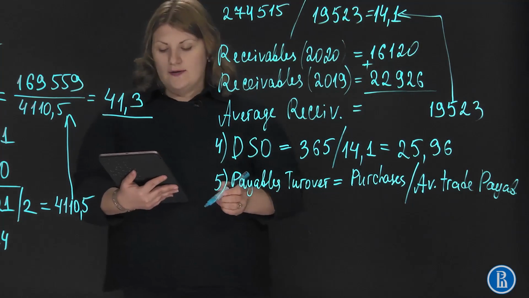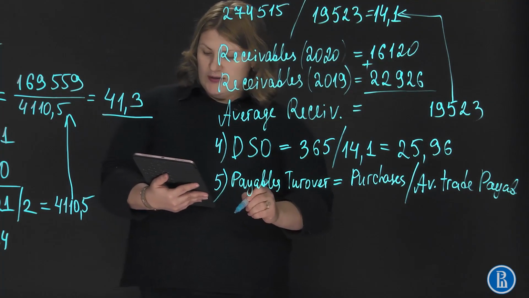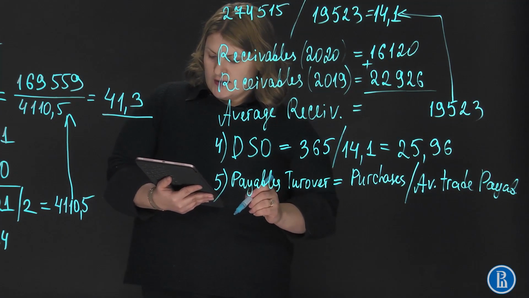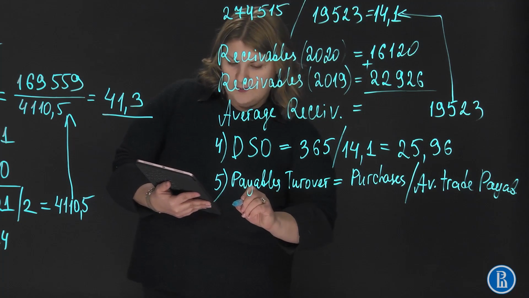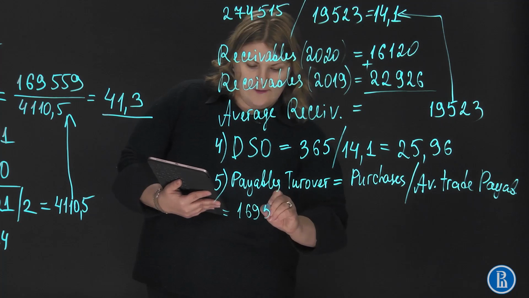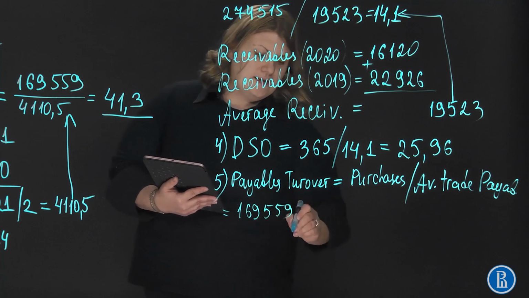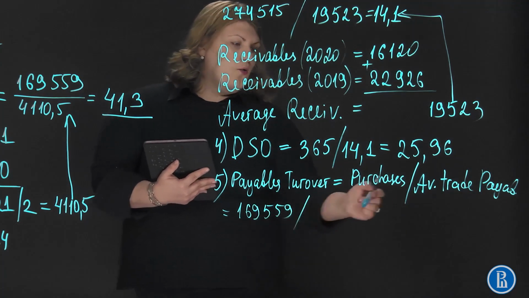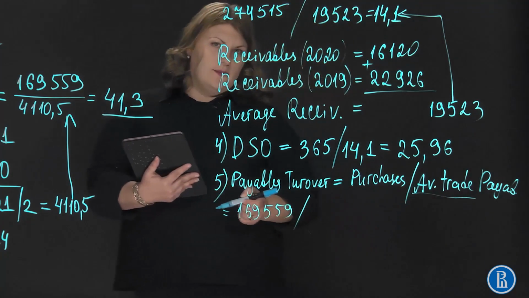For Apple company, in 2020, our purchases can be found as 169,559, and this should be divided over the average trade payables.